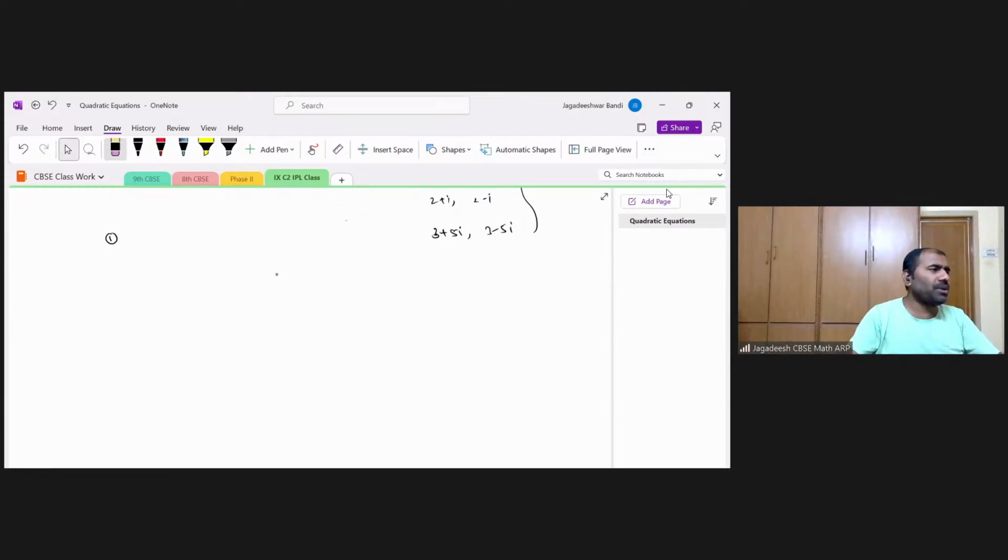First one. Anyway, we'll go with the easy one. The roots of 35x square plus 13x minus 12 equal to 0. This is an easy question, so I'm leaving it to you. Can someone solve it and tell me the roots?